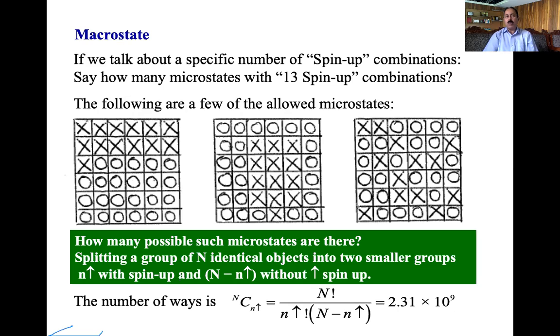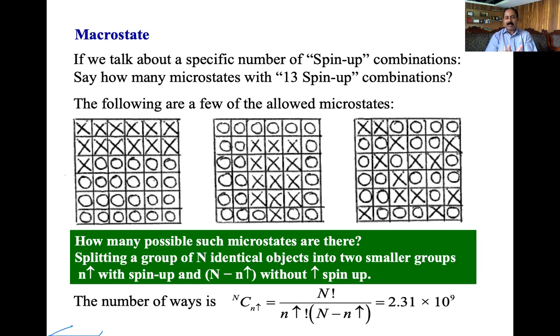So this is one macrostate. This macrostate is defined by N C n_up, meaning the microstates where, out of all 36 cells, 13 have spin up.